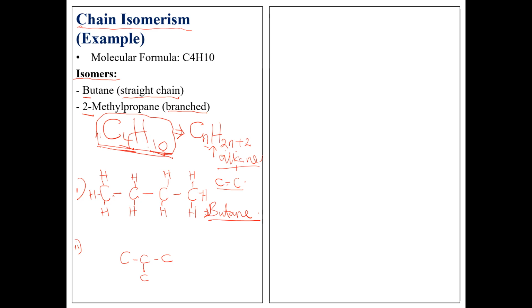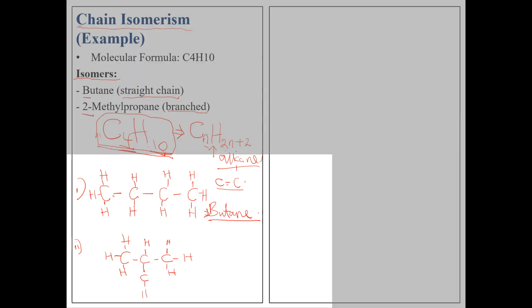When it becomes a branch, we satisfy all these carbons again by putting in the hydrogen atoms. This one has 1, 2, 3, 4 bonds. This one has 1, 2, 3, which means it is missing only one. Then this one has only one bond, so we add the remaining 3. Then this one has only one, and we also add the remaining for it.